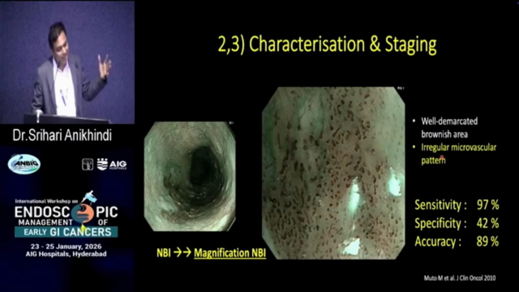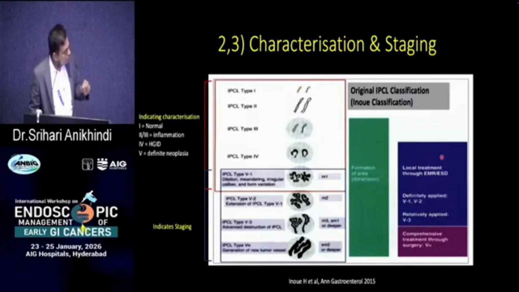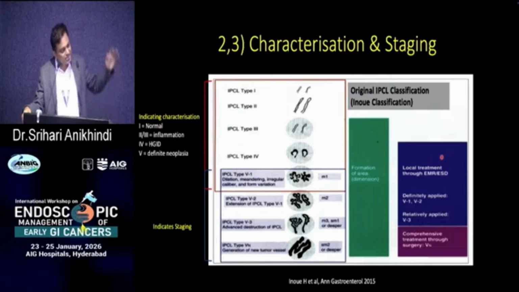Then you go to characterization and staging, and this is aided by doing a magnification NBI. When you start doing a magnification NBI, you start seeing these IPCLs in a much more detailed fashion, and then you look out for the morphology of these IPCLs. Initially there was this Inouye's classification, which gave us different types of IPCLs, starting from type 1 to type 5, and then type 5 was again subclassified.